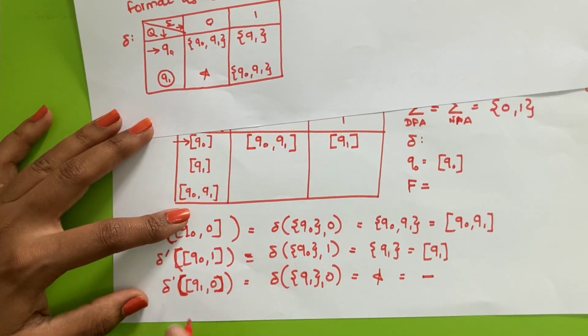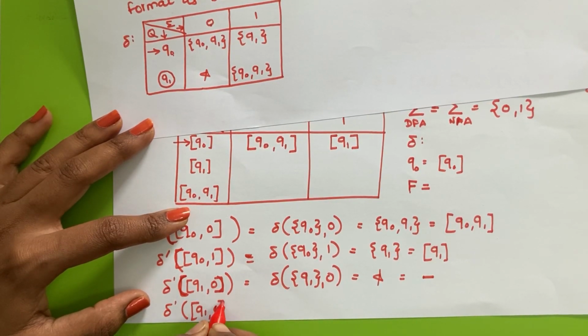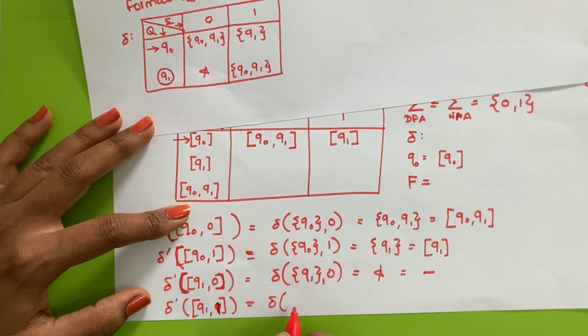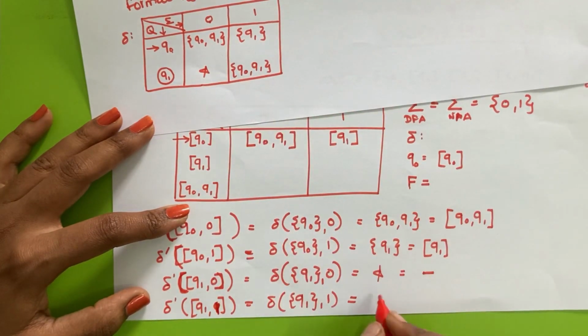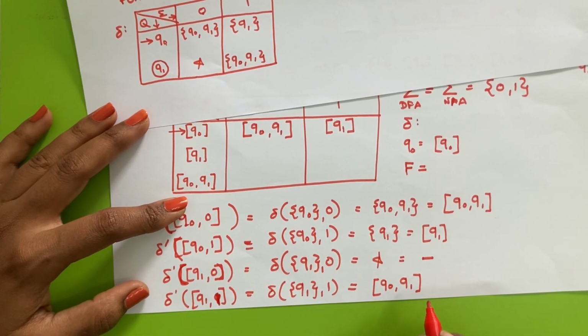Okay, now next δ'. The next entry to find out is (Q1, 1), which is nothing but Q0, Q1. Okay, I have written it here directly.